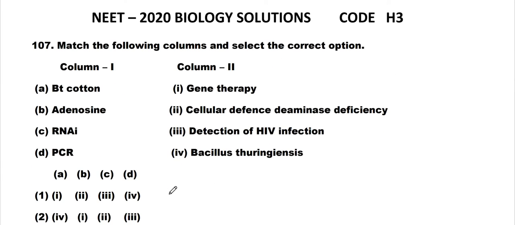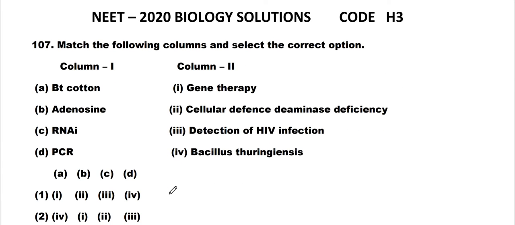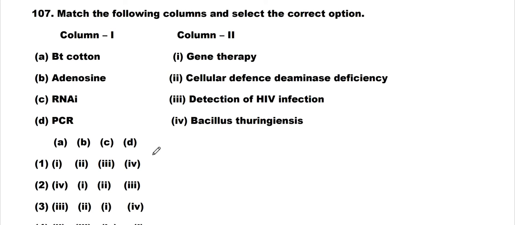Question number 107. One more matching. BT cotton is Bacillus thuringiensis. What is adenosine? Adenosine deaminase is gene therapy.